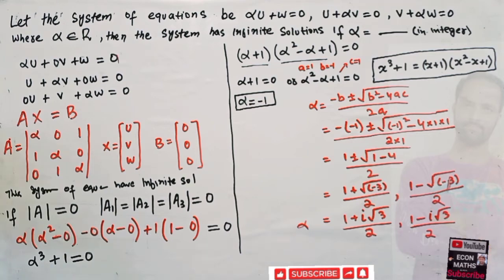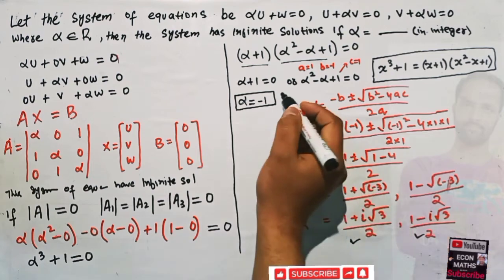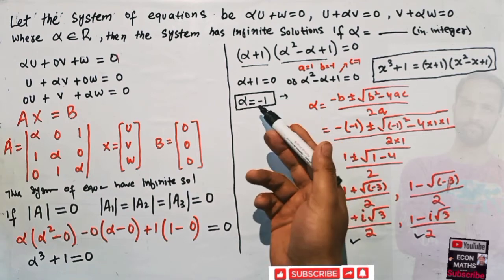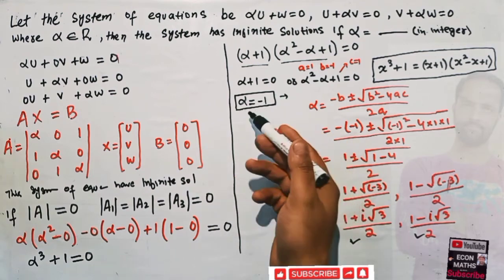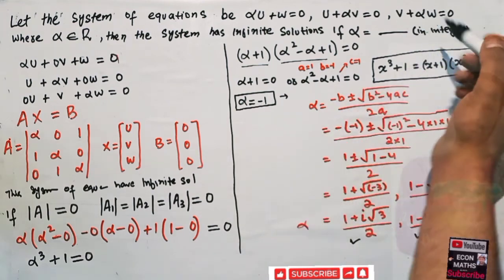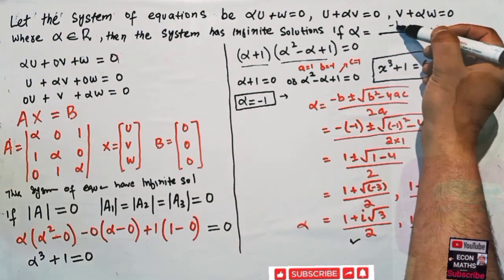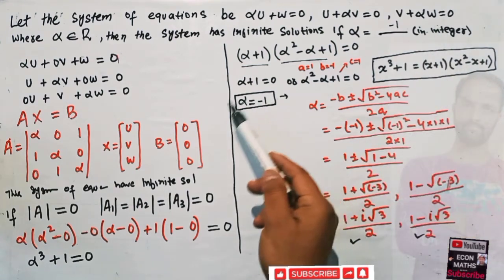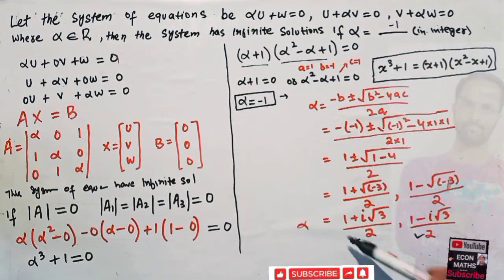We got three values for alpha. Here you can see these are imaginary values, and we only get one real value for alpha. That means the answer to this question should be equal to minus 1, because we are told the answer should be an integer. Only alpha is equal to minus 1 is an integer. These are imaginary numbers.